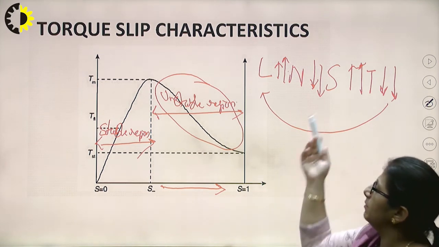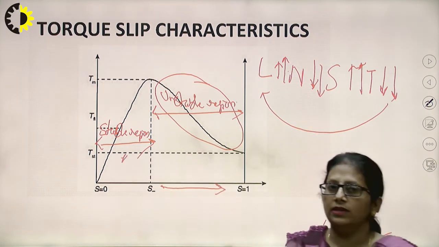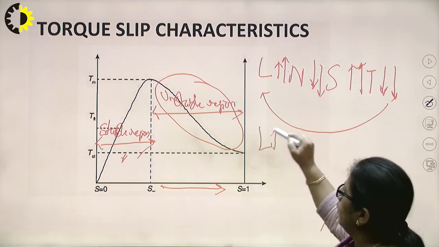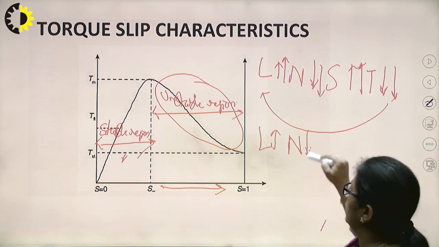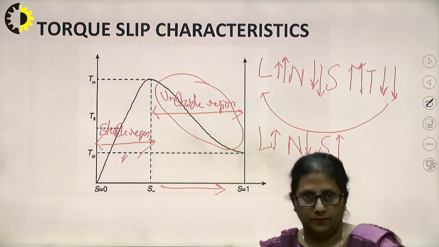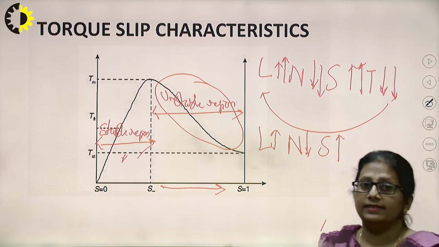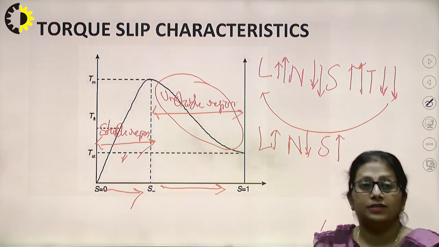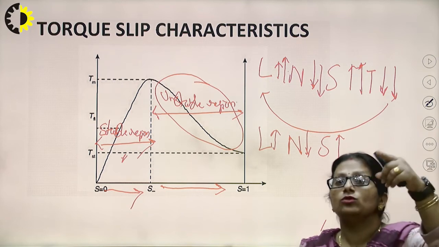Once again, this can be seen very easily with the stable region, right? In the stable region, when the load is increased, obviously, the speed is going to decrease, and the slip is going to increase, NS minus NR, right? Now, with the increase in the slip, in case of the stable region, the torque is directly proportional to the slip, right?